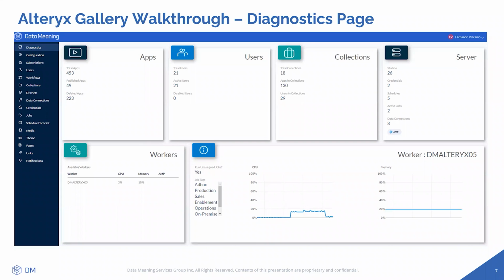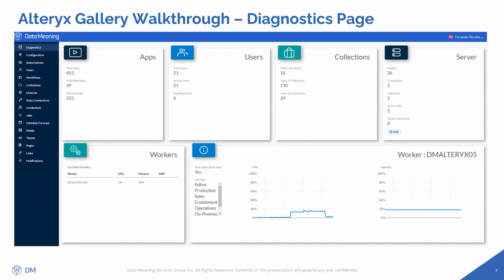This first page is just a summary of what is happening on your server. You can see how many total apps, published apps, and deleted apps you have. You can see some information about users, how many users you've got, and how many disabled users you've got.